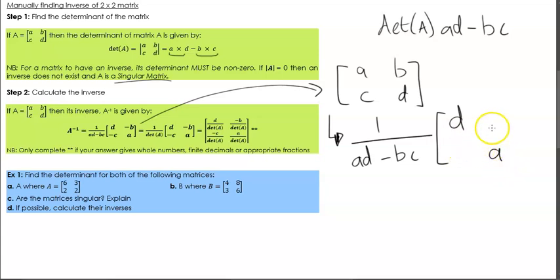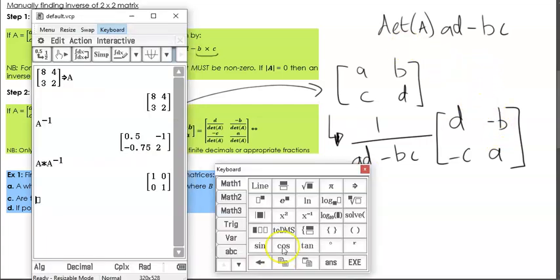B and C will still be the same, but they'll have a negative in front. And that's how we find the inverse. This is pretty much what the calculator is doing. It's grabbing these numbers, finding the determinant, which will be 1 over some number, using that as a scalar, and then multiplying it with the switched positions of the original matrix.